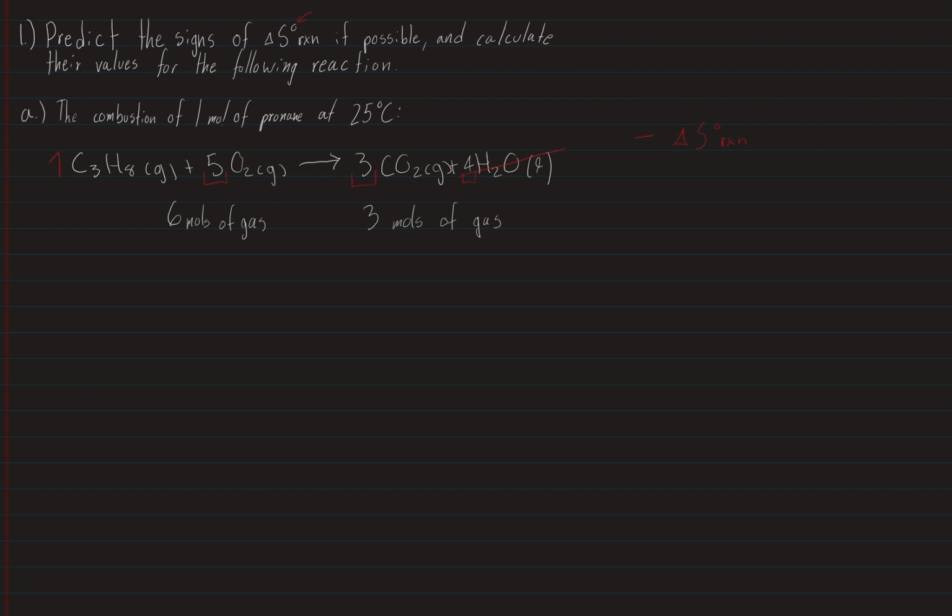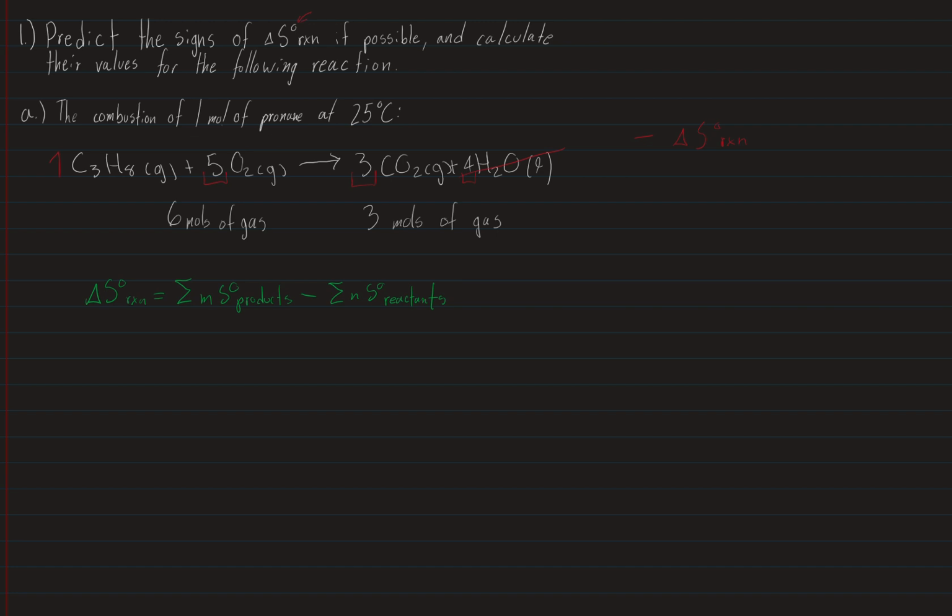So we will be using this equation right here. The change in entropy of the reaction is equivalent to the summation of the moles times the entropy of the products minus the summation of the moles times the entropy of the reactants.